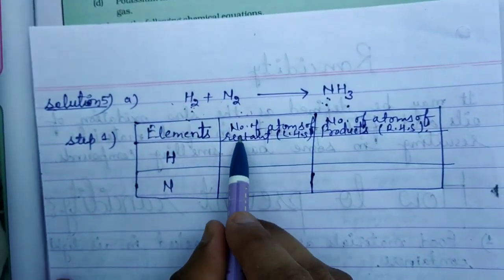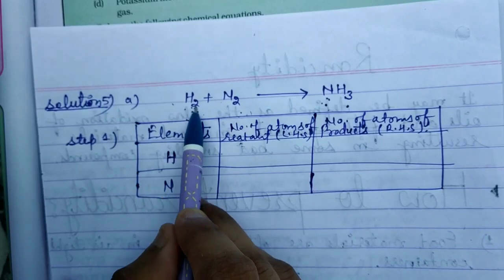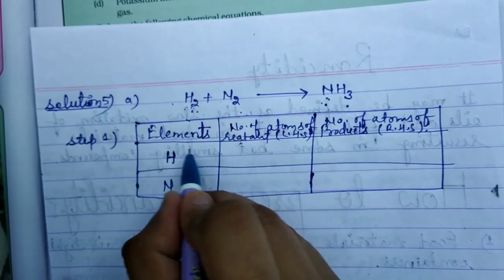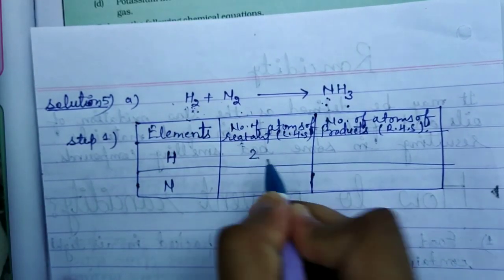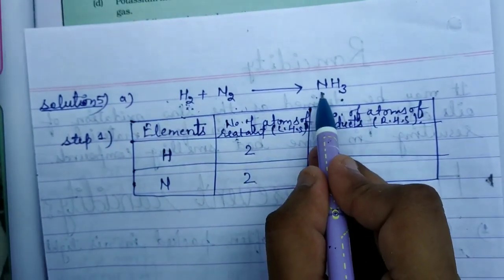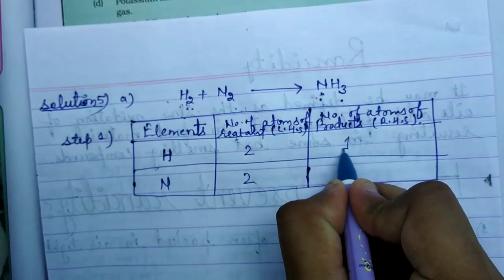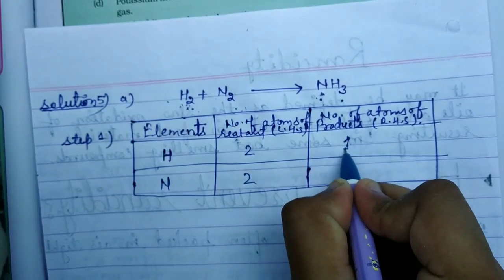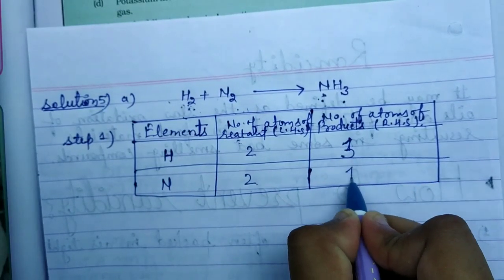So in case of reactant, here the number of hydrogen is 2, okay, so this 2 we have to write here, and nitrogen is also 2. In case of product, nitrogen is 1, hydrogen is 3.